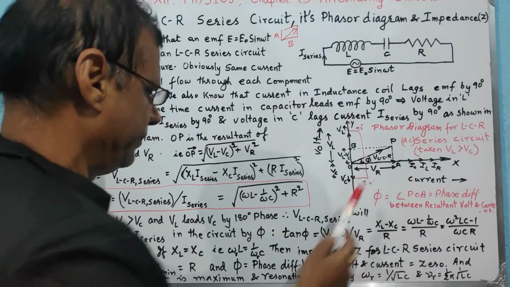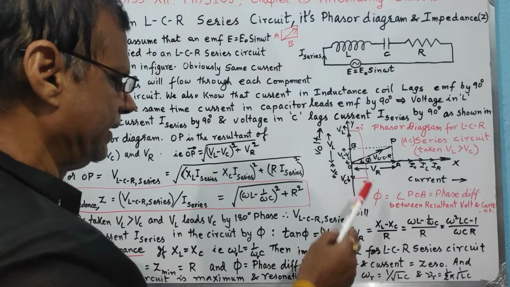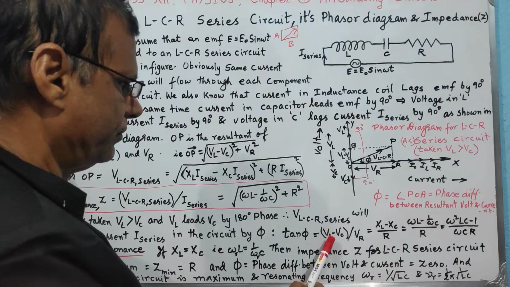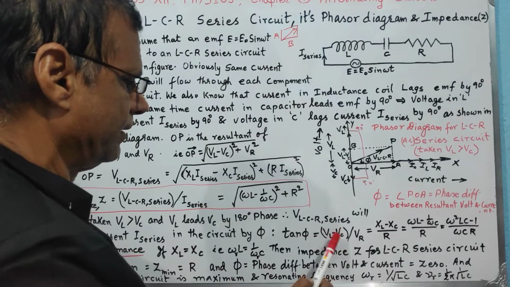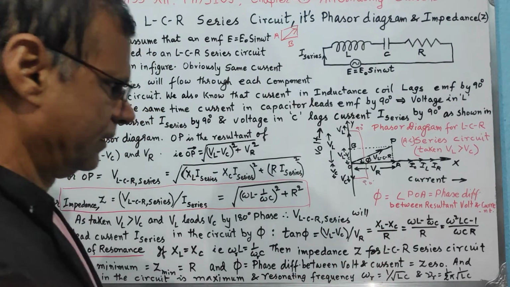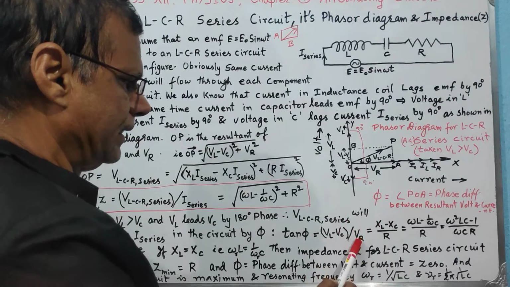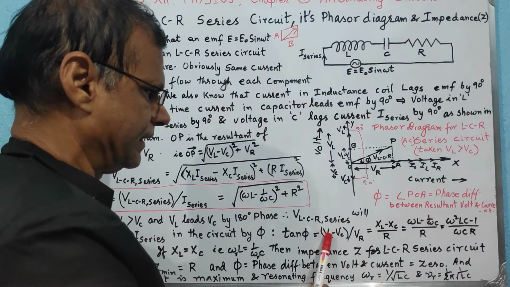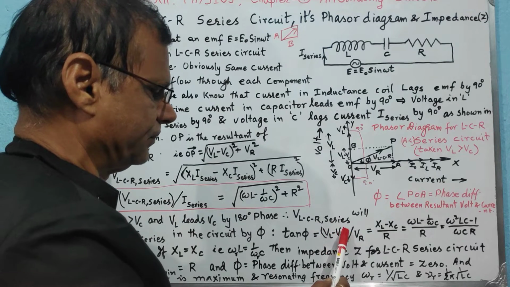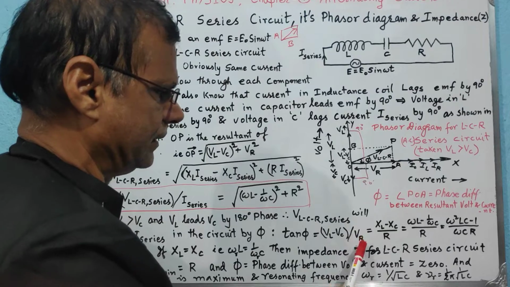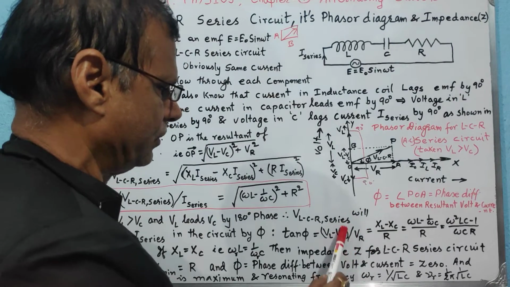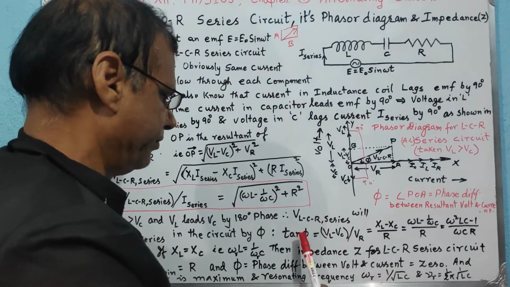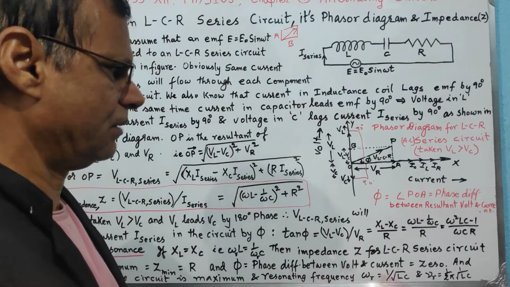When you put the values in terms of current and reactance, current in the numerator and denominator cancel each other, because VL is XL into I, VC is XC into I, VR is R into I. So we are left with tan phi equal to XL minus XC upon R.